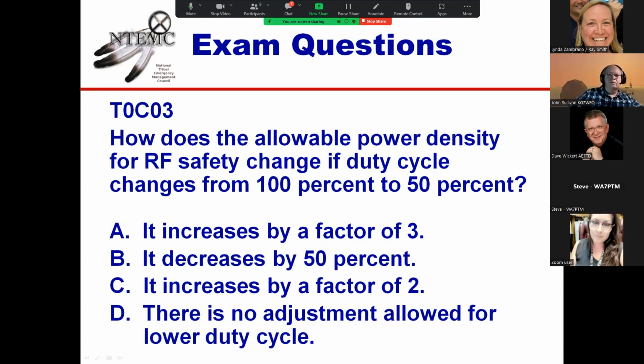If it's transmitting less, can you have a greater power density or a lesser power? You can have more because it's only transmitting half as much. So the answer is it increases the allowable power density by a factor of 2 because the amount of transmission has been reduced in half. Hopefully that makes sense.